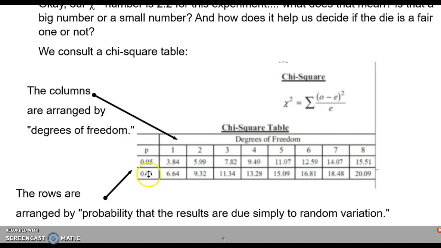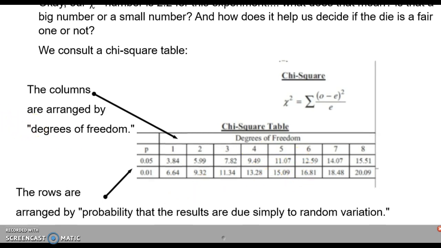And each row is labeled by a probability, in this case, say 5% here or 1% there. The probability that the results are due simply to random variation. So if you have a number in this row here, you're talking about a 5% chance that the results were due to just simply random variation. So that's the chi-square table, okay?